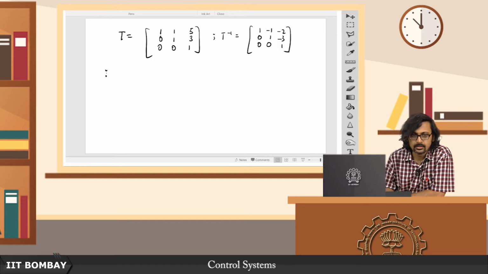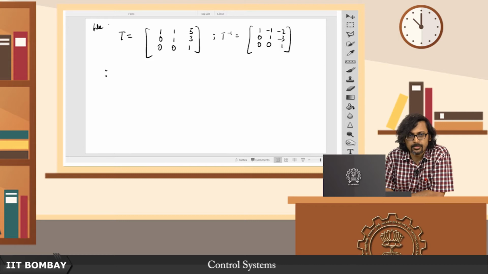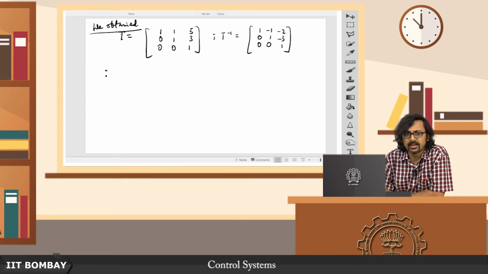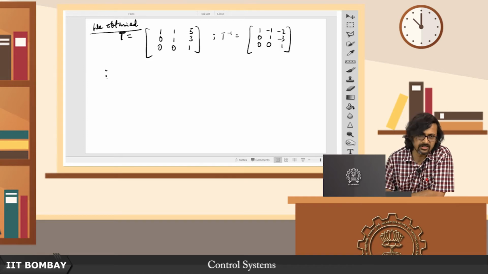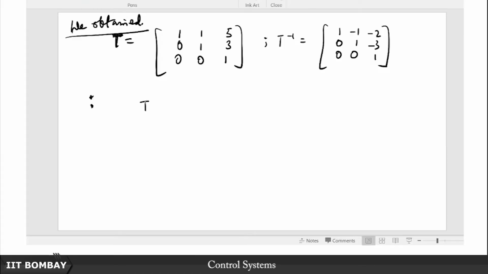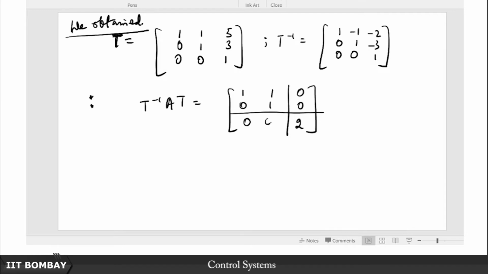This we obtained already, so I am not going to go through that difficult task of evaluating those eigenvalues and the chains, right, the generalized eigenvectors therefrom, such that T inverse AT turned out to be this block Jordan form, which was 1 1 0, 0 1 0, and 0 0 2. So this turned out to be my block Jordan form J, yeah, so far so good, okay.